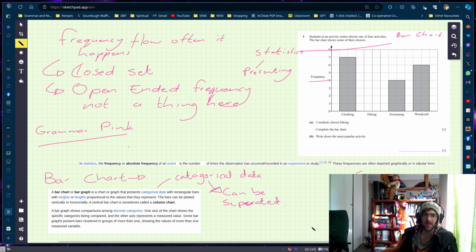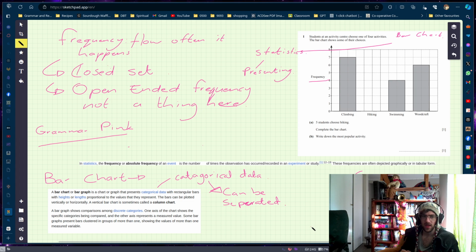Whereas if I were to measure the months and the temperature, the months flow into each other. So I wouldn't use a bar graph necessarily. I could, but more appropriate would be a line graph. And if I'm using a line graph, I'd use a column graph with it, but we'll talk about that in days to come.